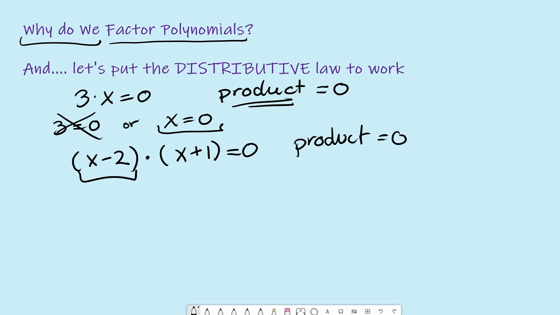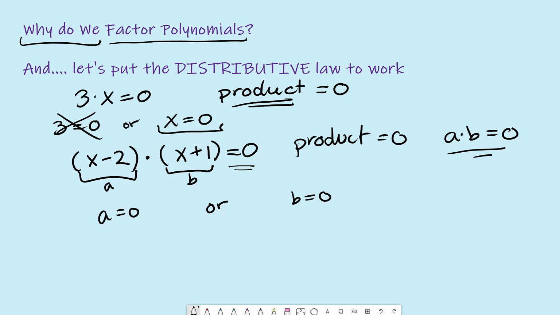This is our first term, call it A, and this is our second term, B. So we have A times B equals 0. For this to be true, we have to have either A equals 0 or B equals 0. One of these terms has to be 0 in order to have the product equal 0.